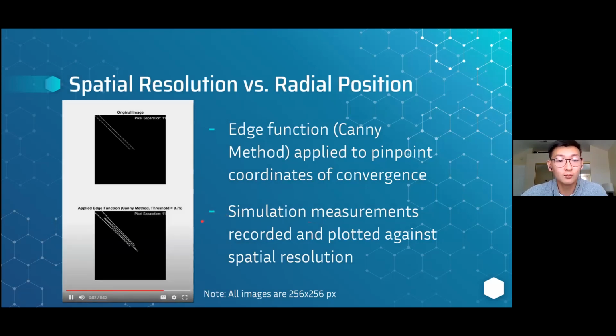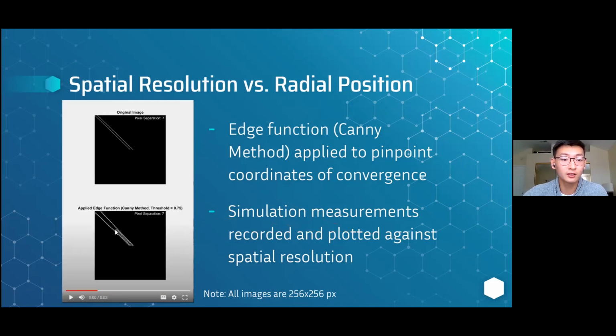And since the previous image was an edge function that elucidates the lines that were present in that inverse radon transform, essentially this helps us pinpoint the exact distance at which the two lines converge, which indicates the exact radial coordinates where we experience a pixel separation that's equal to the amount from the original image.